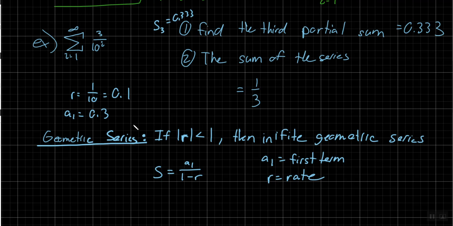So our rate has an exponent. If we have like 1 over 10 to the n, or 2 over 3 to the n, where n is an exponent, it's probably going to be geometric. It has a constant rate each and every time.